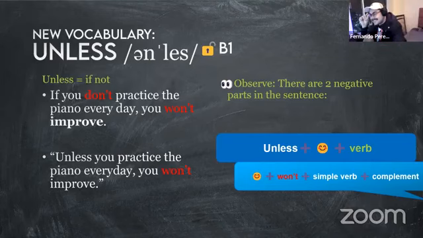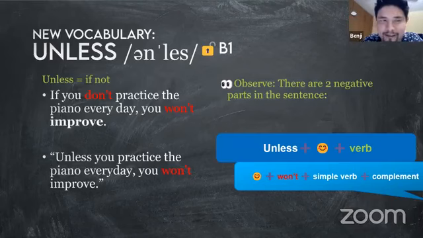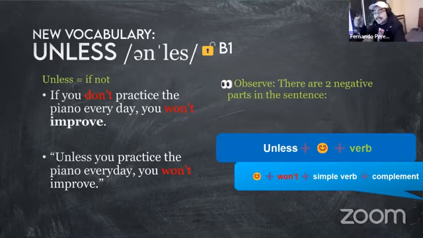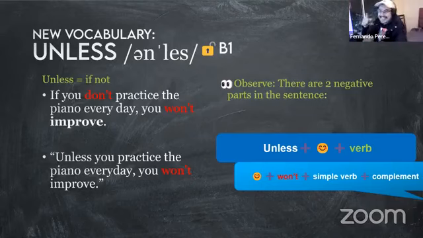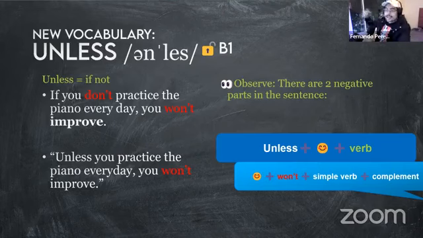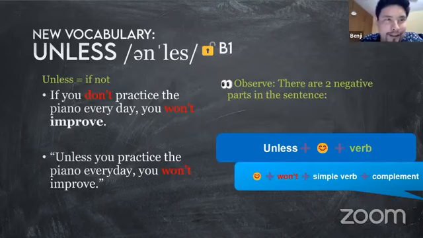Close. Unless you eat your food, no? This is a negative idea. Because unless is negative. What is the consequence if you don't finish your food? You won't watch TV. Exactly. So when you say unless, you cannot watch TV. Okay. Repetition.